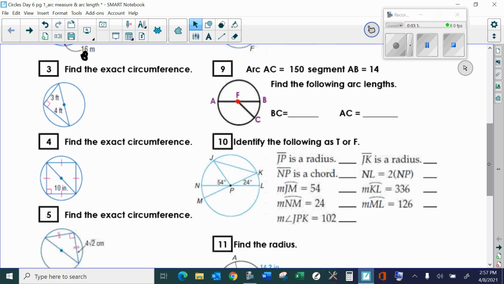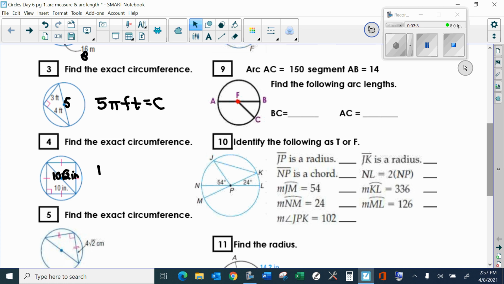Exact circumference again. I have a 3, 4, 5 Pythagorean triple, so it's going to be 5 pi feet for my circumference. Here I have an isosceles right triangle you should recognize, which means it's a 45, 45, 90. If the sides are 10, we know on a 45, 45, 90, the hypotenuse is always root 2 times longer.